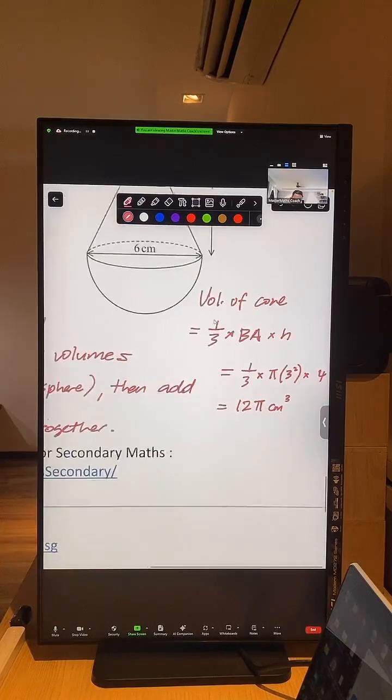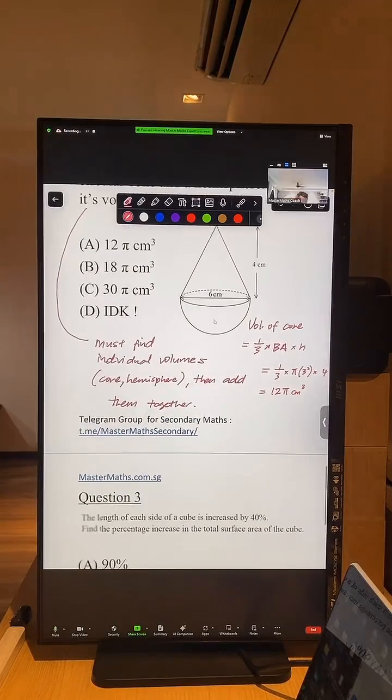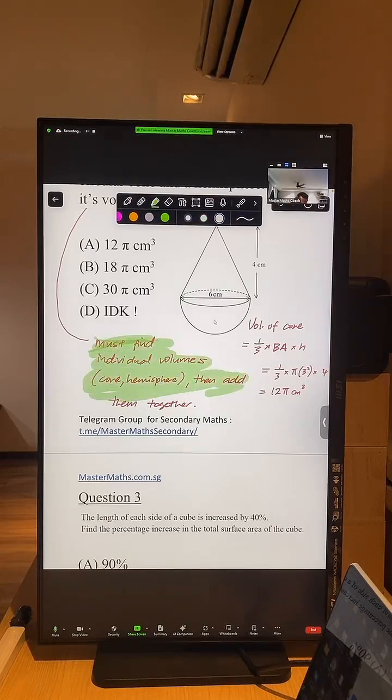But that is just the volume of the cone, guys. Remember, we need to find the individual volumes and then add them together. We have found the volume of the cone, but we have not found the volume of the hemisphere. So let's go find the volume of the hemisphere.